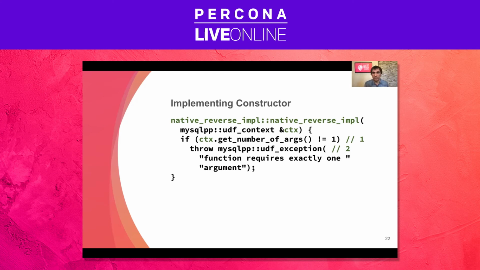And if this is not the case, we just throw an exception with our desired error message. And this is all we need to do for checking. Just throw an exception, and it will be automatically translated into proper MySQL code with the desired error message.